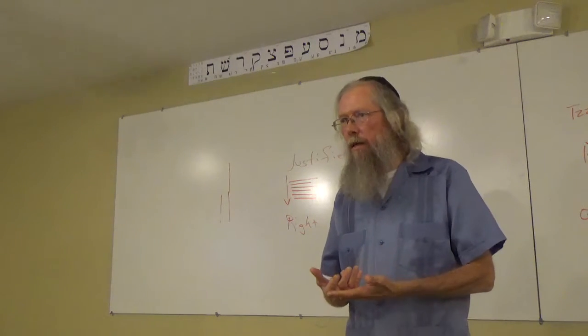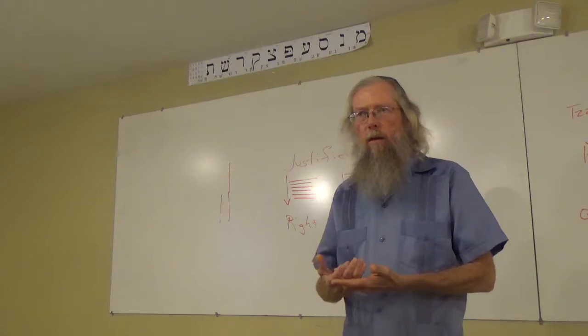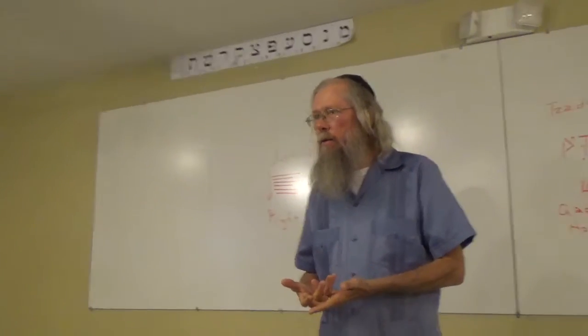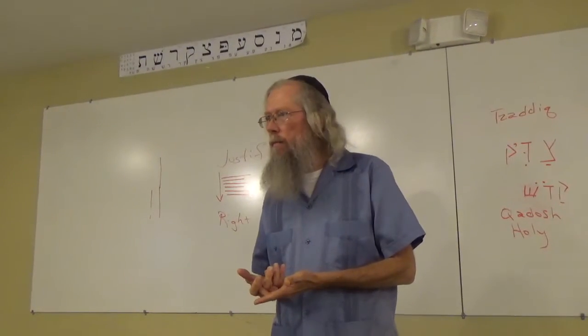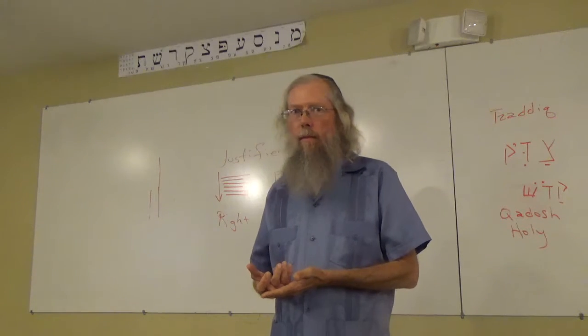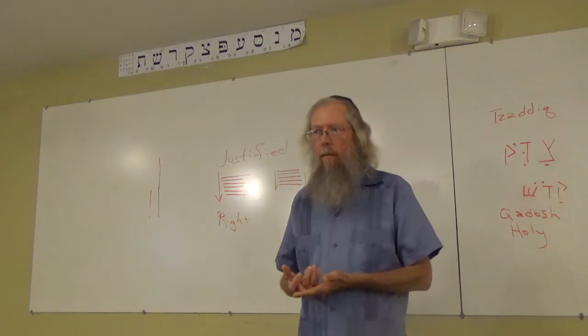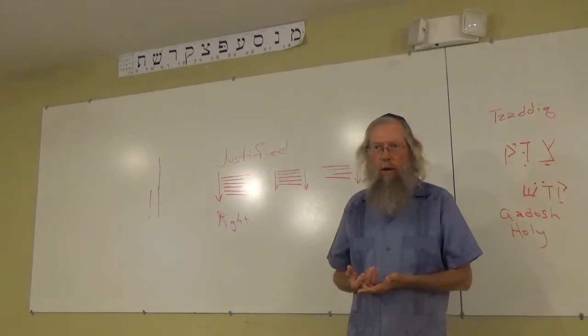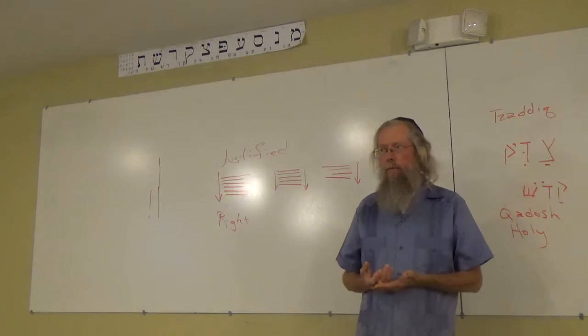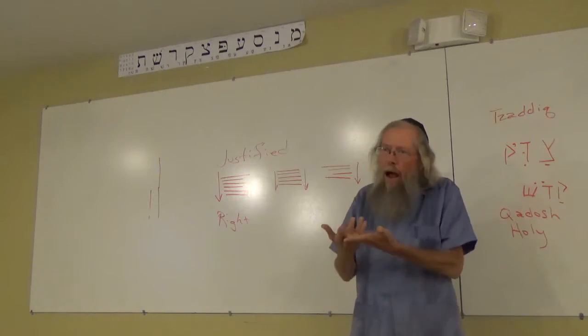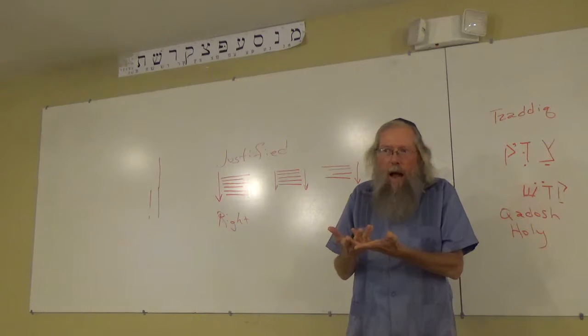The problem is the switch has not been turned on yet. Somebody needs to turn the switch on. How do we turn the switch on? Jesus, in effect, yes. But how?